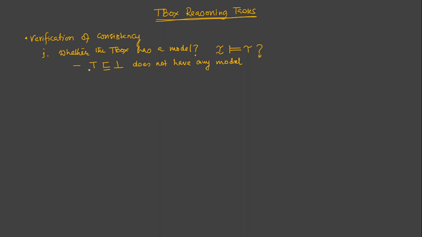So the second thing that we want to answer regarding consistency is whether a concept is satisfiable. Now let's define the reverse of this. The reverse of satisfiability is unsatisfiability.